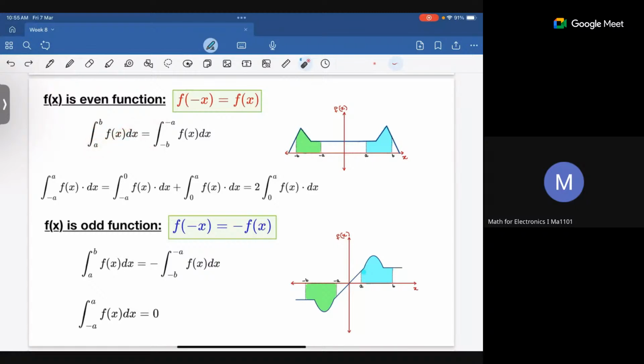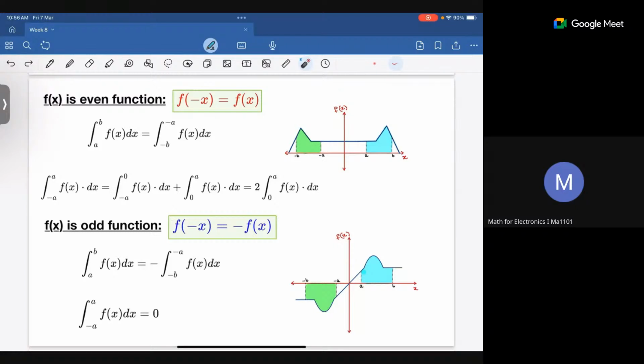Graphically, if this is AB and in that interval you are computing this area, this is the integral AB f of x dx. Since this is an even function, even if I take minus b and minus a, it will have the same area because of the symmetry, right? So this property holds true for an even function.